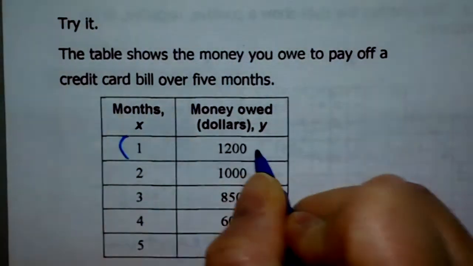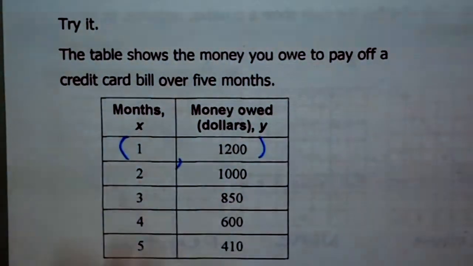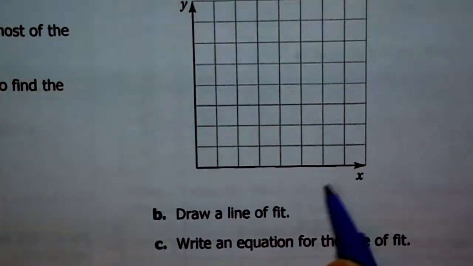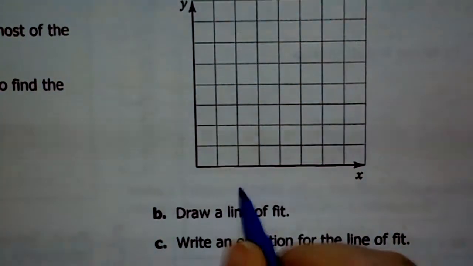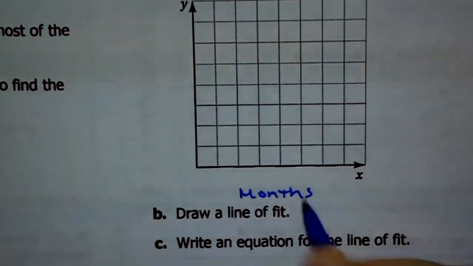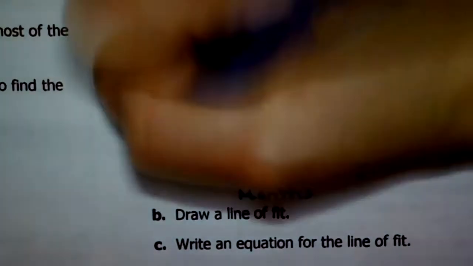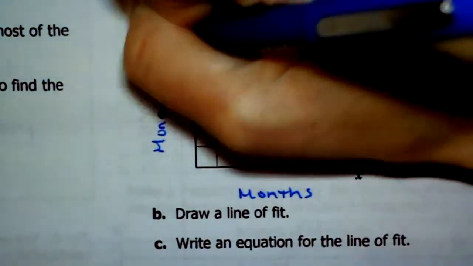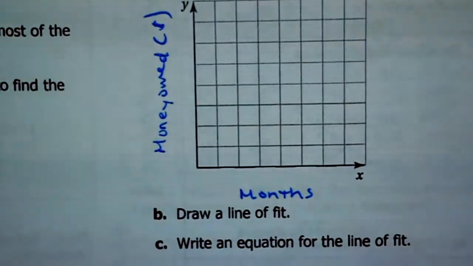Remember that if x is 1 and y is 1200, the graph looks like this. Let's label our x-axis, that's months, and the y is the money owed, in dollars.